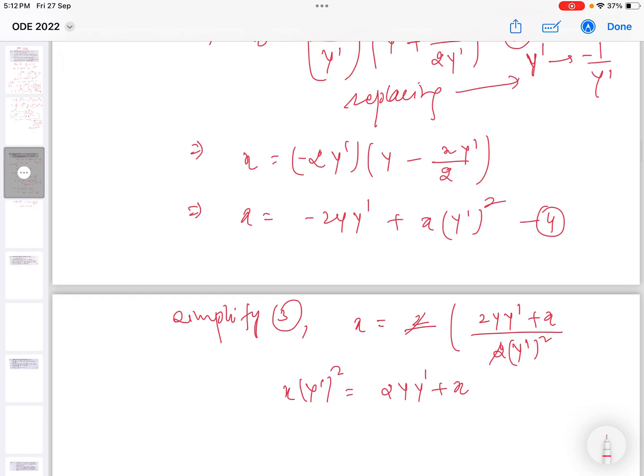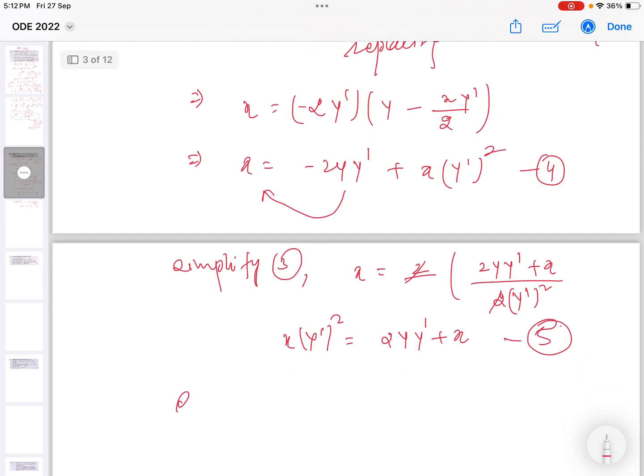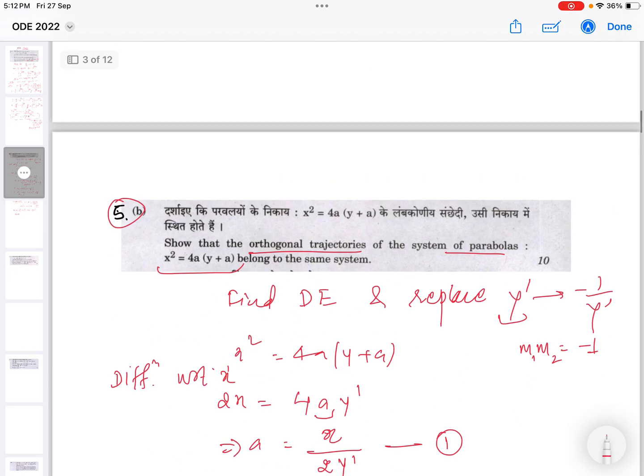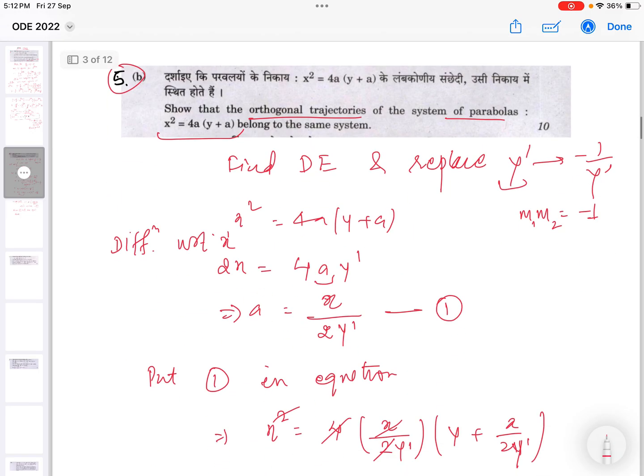Yeah, I think 4 and 5 are equal, because if you bring it to the LHS, then 4 and 5 are equal, therefore the system has the same orthogonal trajectory.